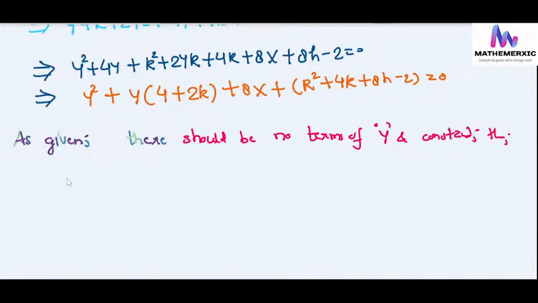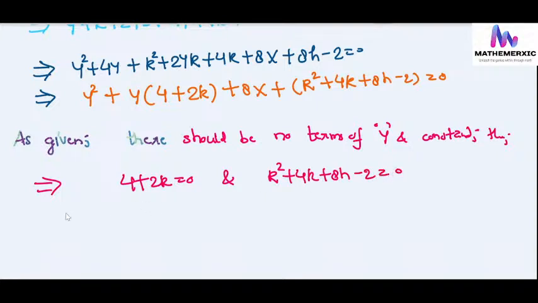So we will say that 4 plus 2k is equal to 0 and k square plus 4k plus 8h minus 2 is equal to 0. So k is equal to minus 2, implies that k is equal to minus 2.